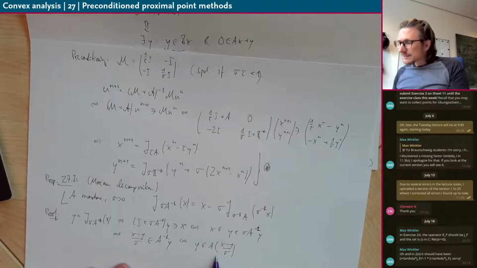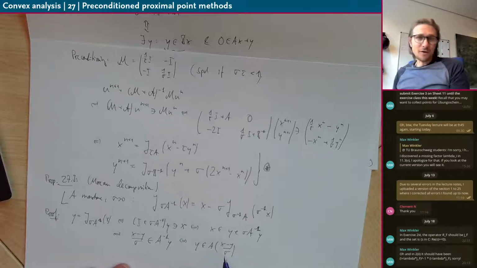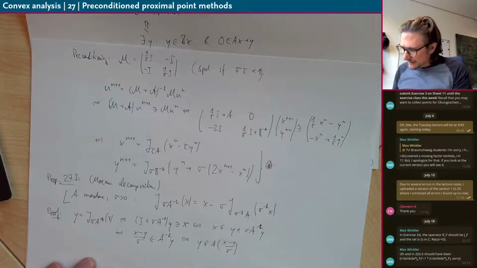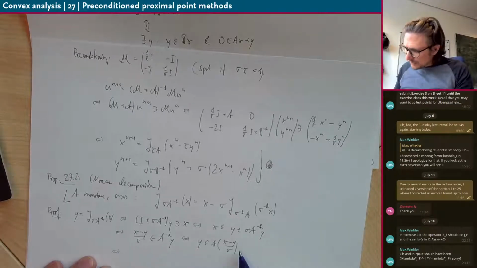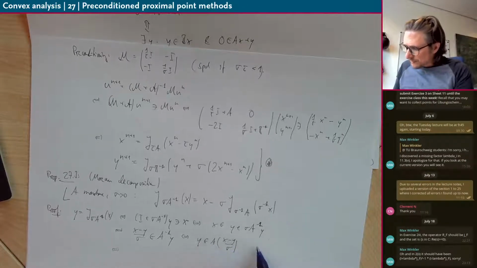Now we need something like the resolvent of sigma to the minus 1 times A. To have that, we would like to have this multiplied by sigma to the minus 1, but also add the identity. Let's try if we can get there, and yes, we can. We want to have plus (x minus y) over here, so we bring this y to the other side by subtracting y and adding x.